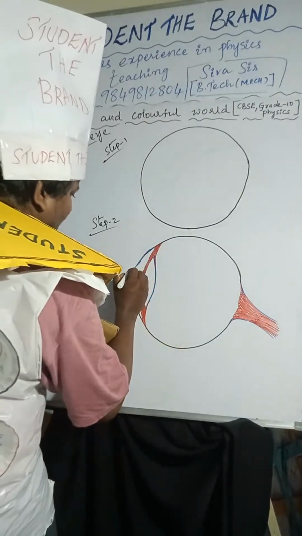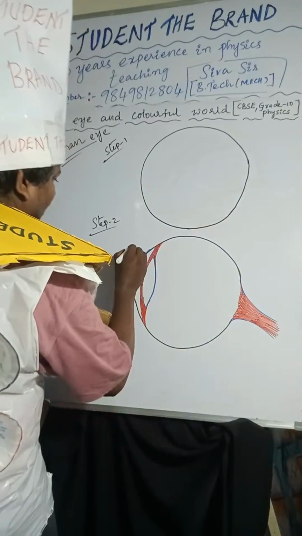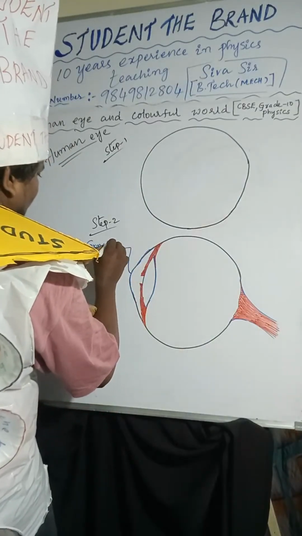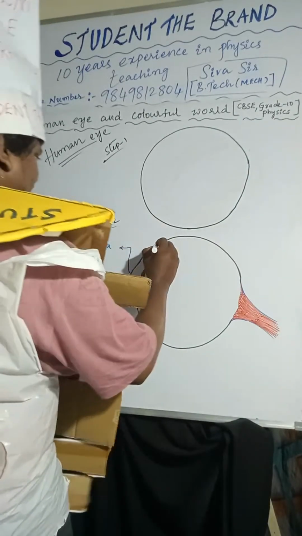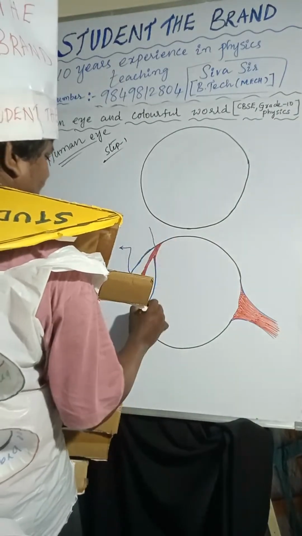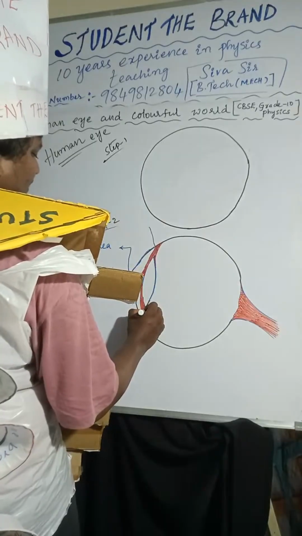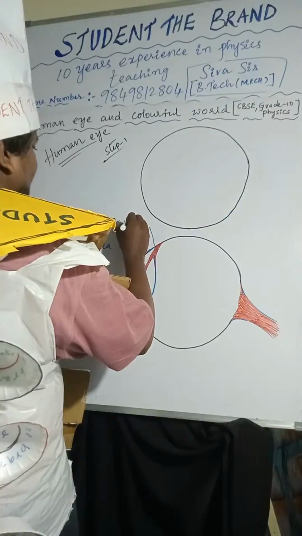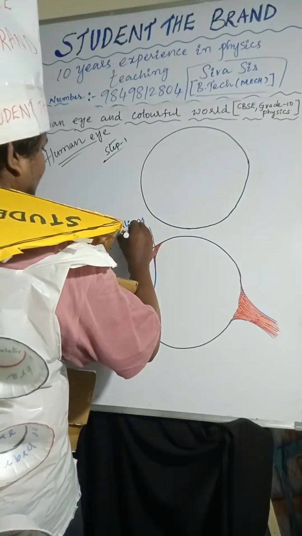This is the cornea, and ciliary muscles. Both of these are ciliary muscles. So this and this are both ciliary muscles.